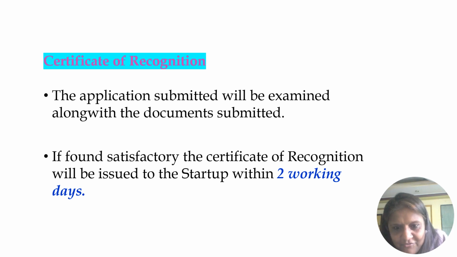And if they are satisfied by the documents submitted and the information submitted, they will issue the certificate of recognition, and the entire procedure of verifying the documents, examining the documents, and issuing the recognition certificate will take just 2 working days. So you will get this recognition from DPIIT in terms of the certificate of recognition within 2 working days.